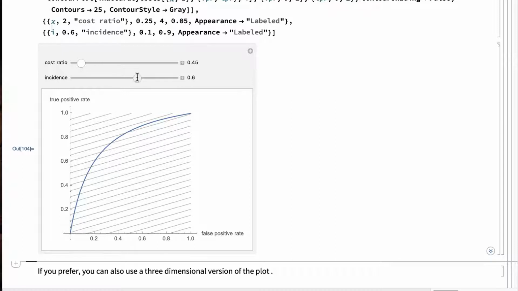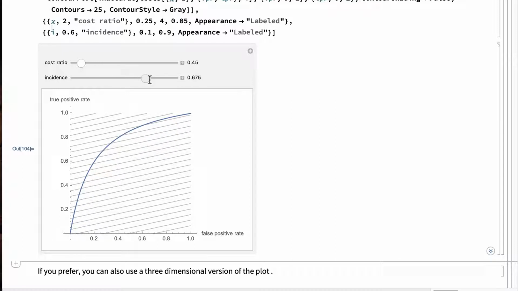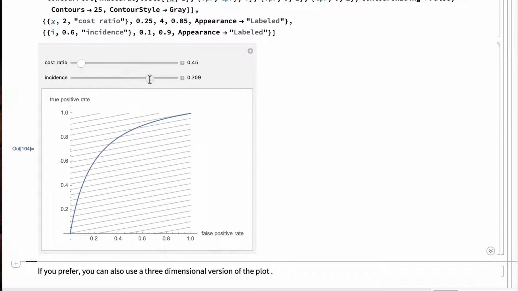Similarly, I can change the incidence. As I increase the incidence of the positive class, I tend to want a point higher up on the ROC curve, representing a higher false positive rate, and that means that the threshold is going to be lower. How am I going to get a higher false positive rate?